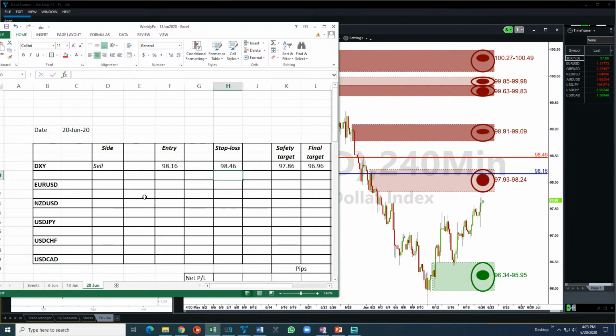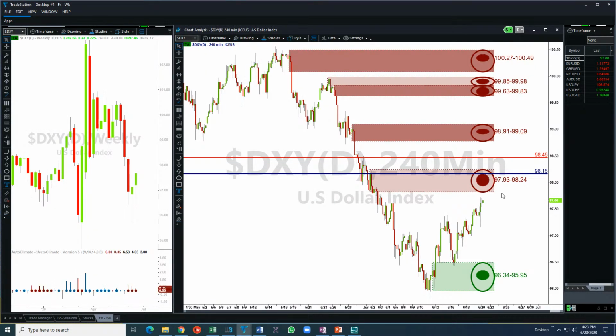Yes, Noel. I'm expecting it's very highly likely that we'll see this zone tested, especially this area here, 97.83. We are already at 97.66, so with just less than 20 pips of gap, which we can expect.